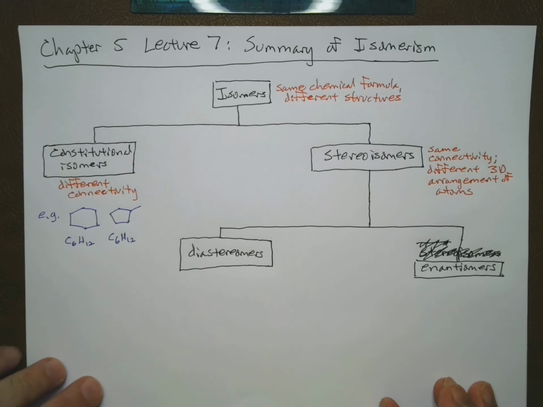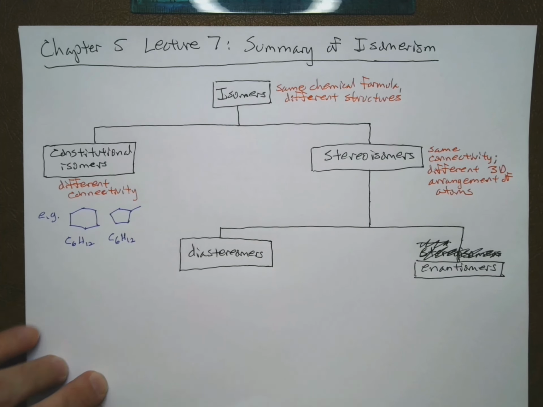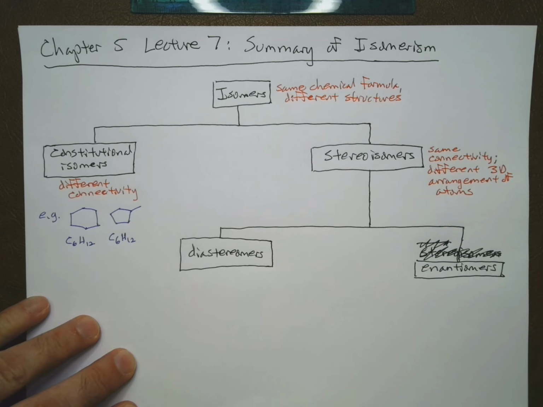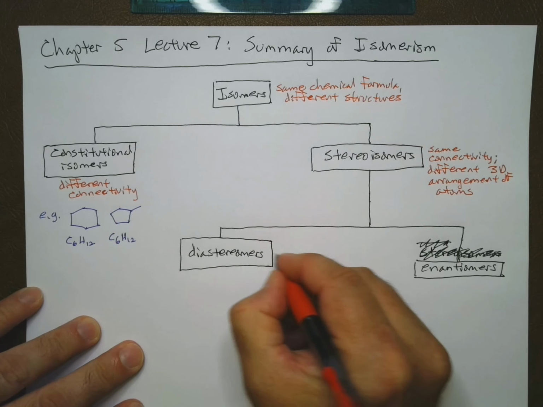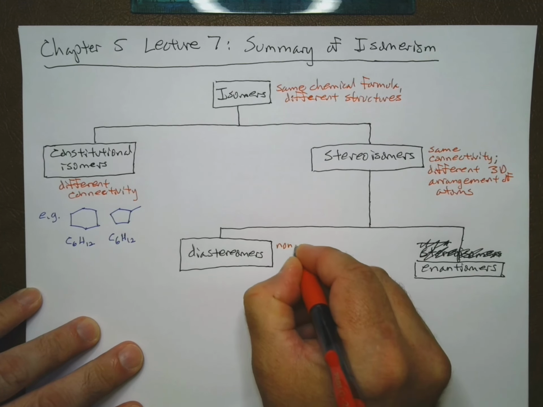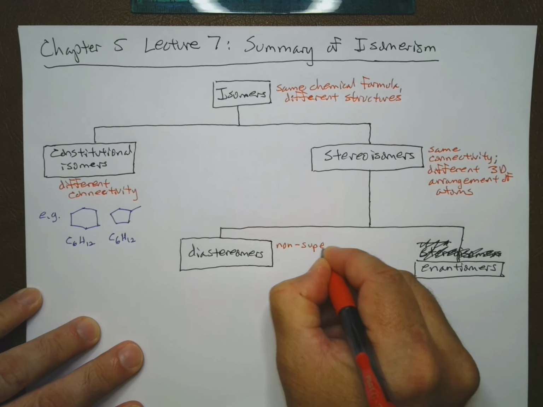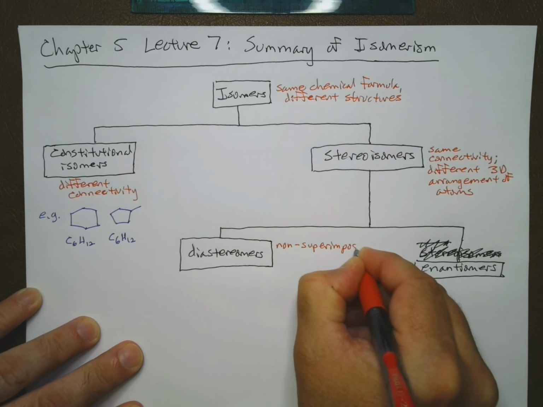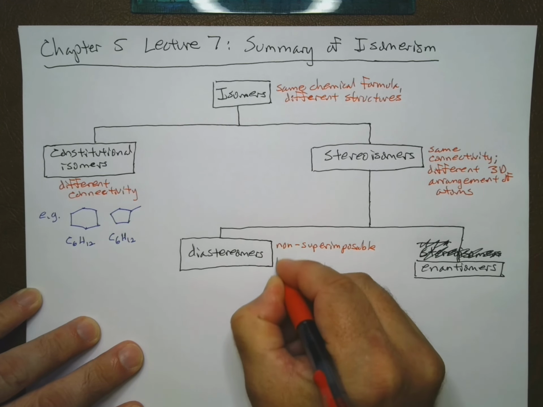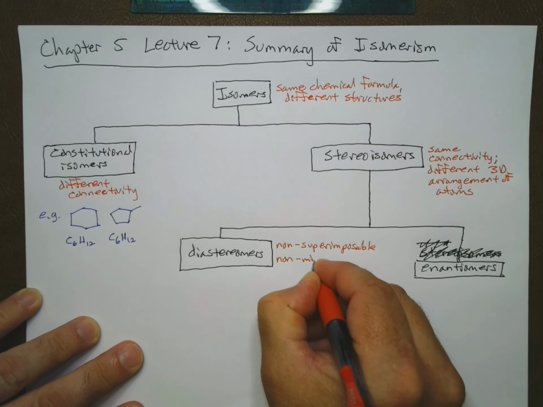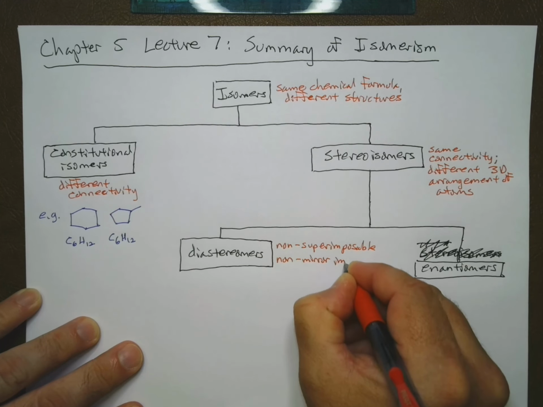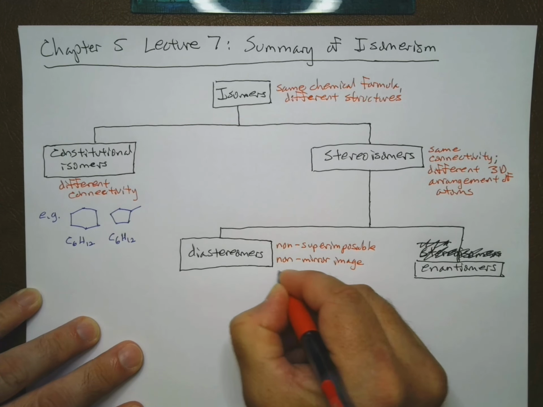There we go. Enantiomers. So diastereomers are non-superimposable, non-mirror image isomers.